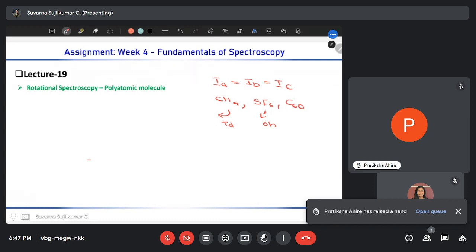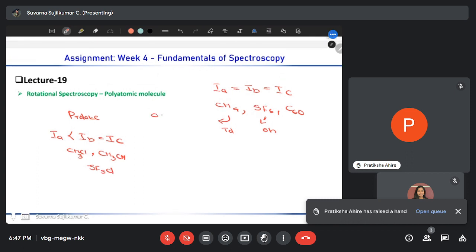Okay. Another category of molecule is the symmetric rotors. Symmetric rotors are further divided into prolate, given by IA less than IB equal to IC. Examples are CH3Cl, CH3CN, SF5Cl. Okay.